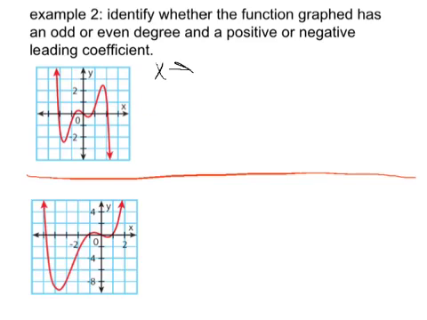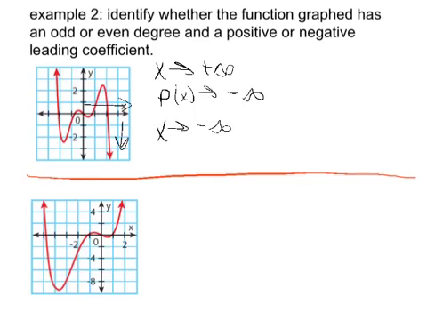So as x goes to positive infinity, it looks like my function is going to negative infinity. Okay, as x is going positive, my function is going negative. As x is going to negative infinity, my function is going to positive infinity. Check out that chart and pick the right positive or negative leading coefficient, odd or even degree.